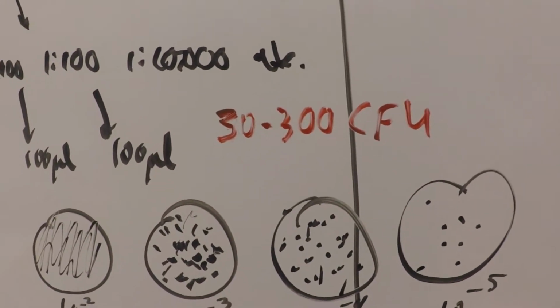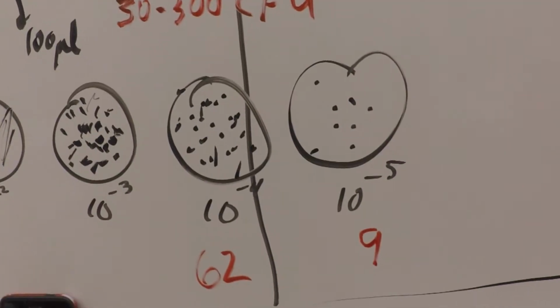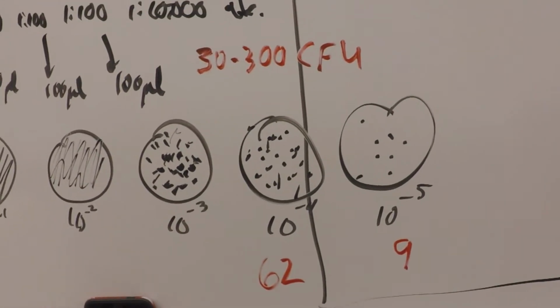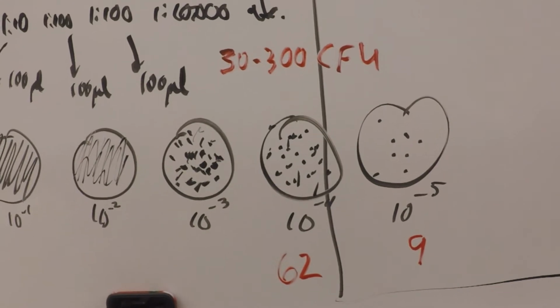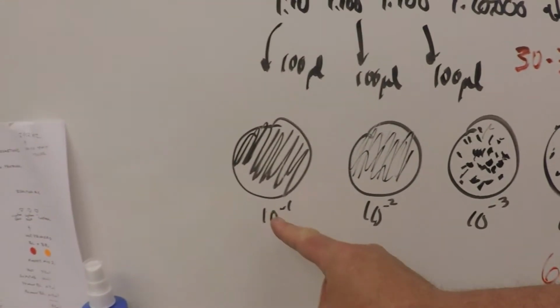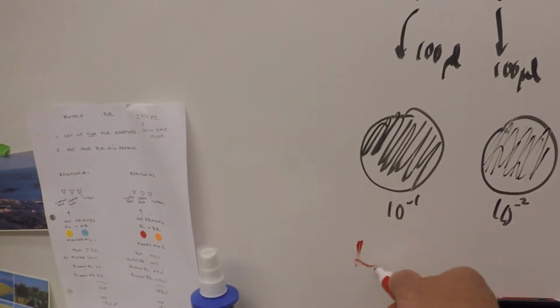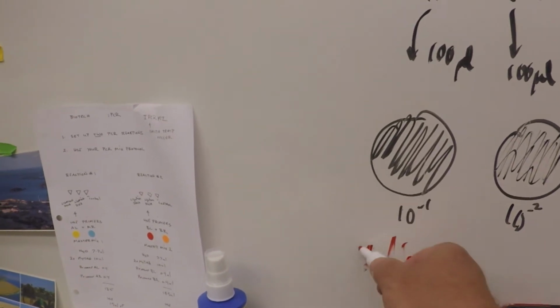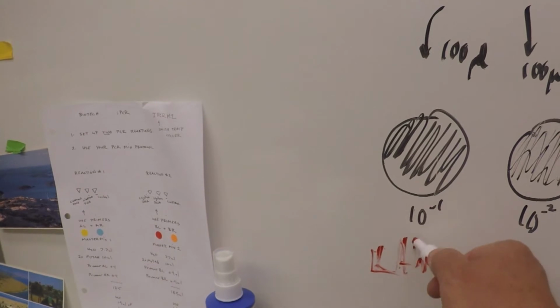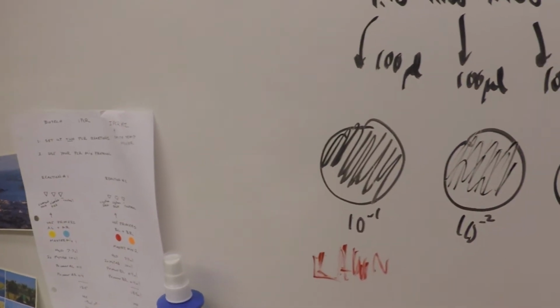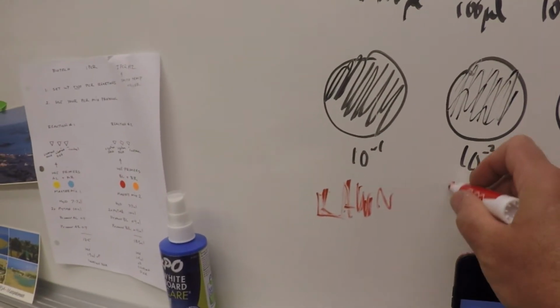We'll just say 9 CFUs. Okay. How do we use these numbers? We can't use any numbers here. We don't have any. In fact, those are called, well, that's a lawn. That's a lawn. This is a lawn.